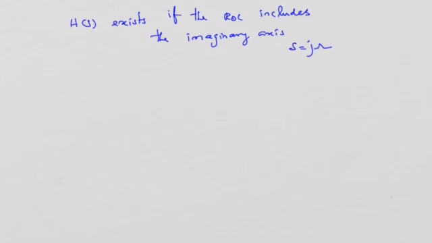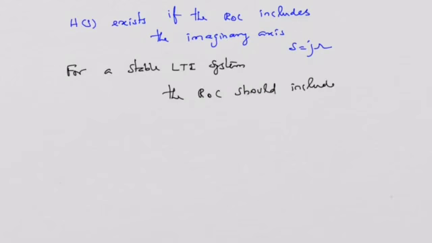So for a stable LTI system, the RoC, region of convergence, should include the imaginary axis. An important concept which is not that clearly understood by signal processing engineers, of the S-plane.